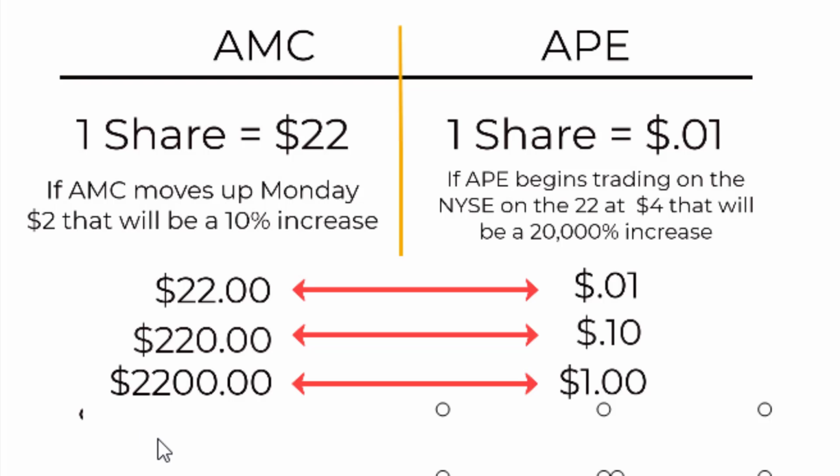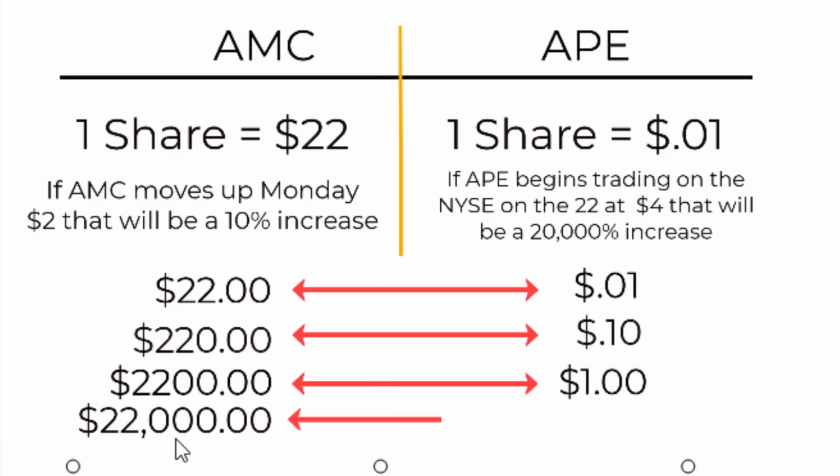And you're all waiting for AMC to moon, and if it got to $22,000, that would be the same as your APE stock reaching $10. Stop and think about that. Meditate on that during the day.